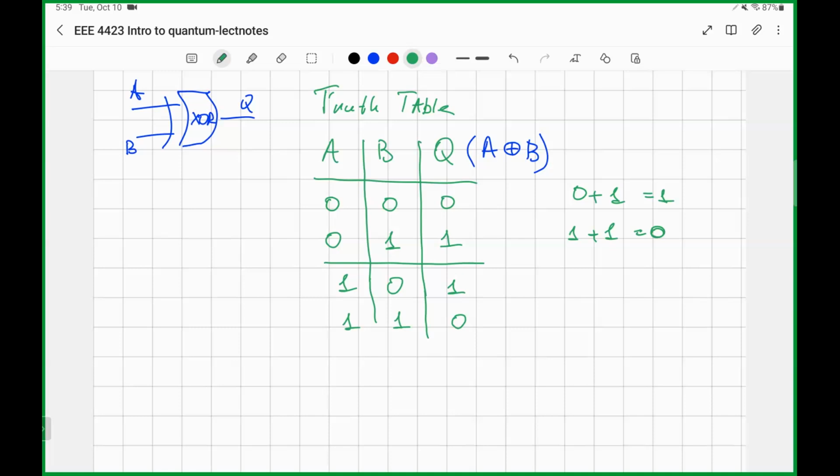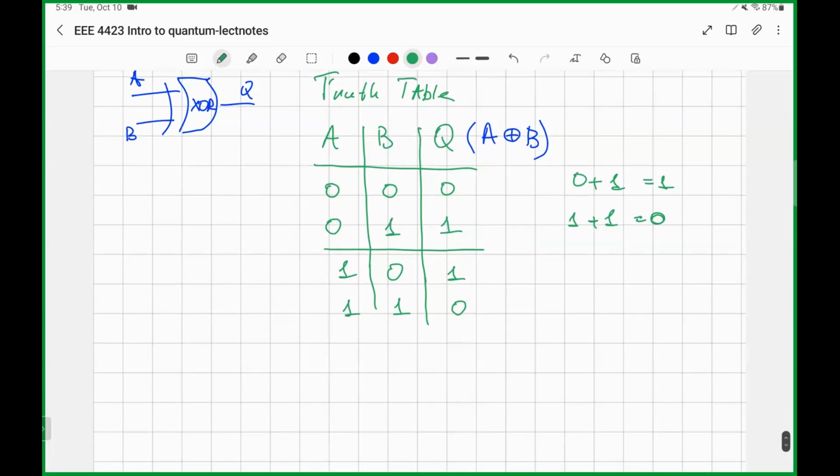This one is not reversible because, if you use the output as an input, you cannot distinguish between these two zeros, and if the input is 1, you cannot distinguish between these two.